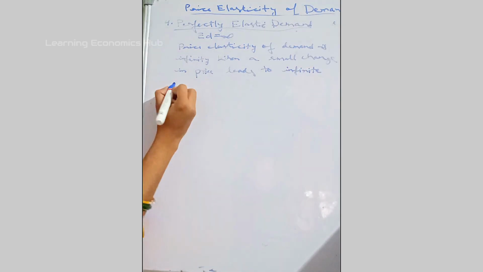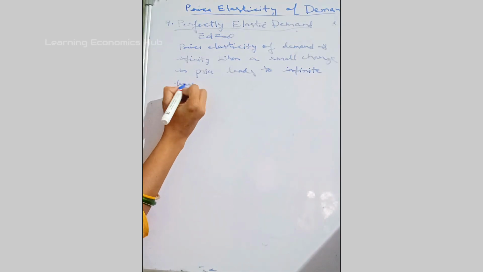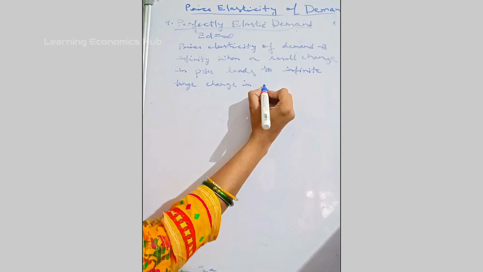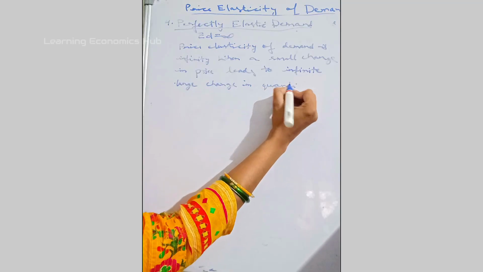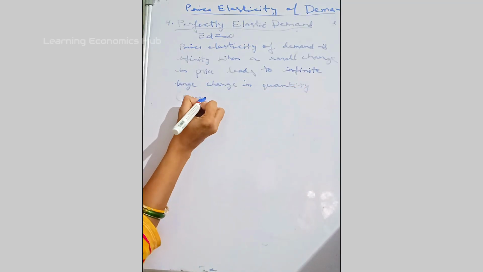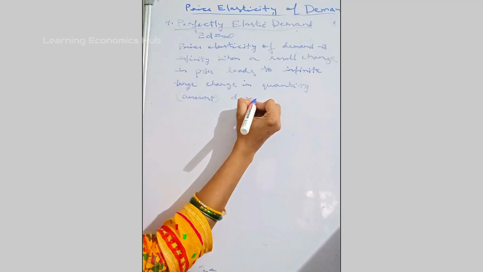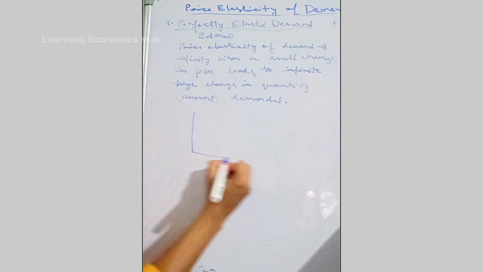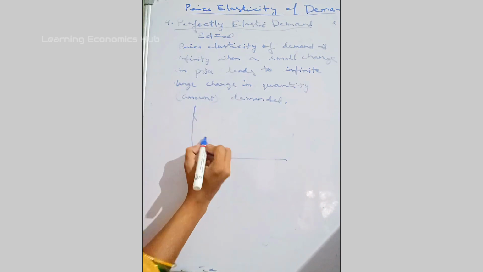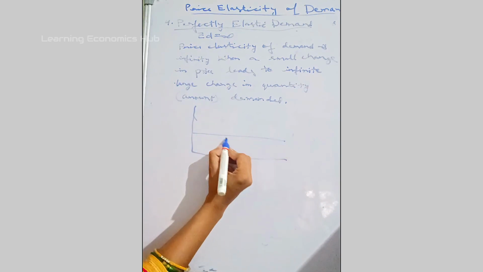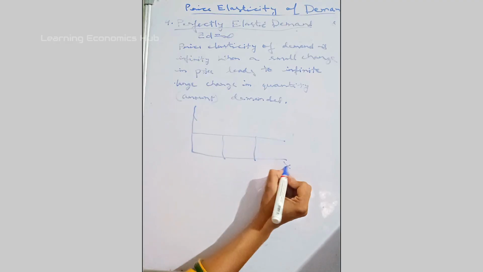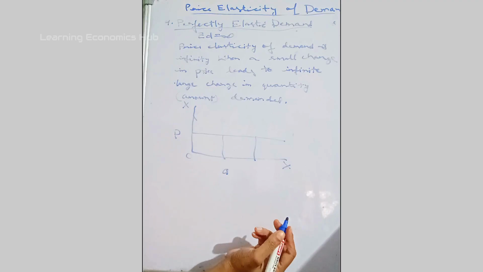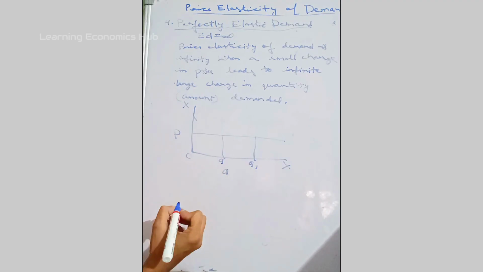Diagrammatically, here x-axis, y-axis, 0, price, and the quantity demanded, Q1.